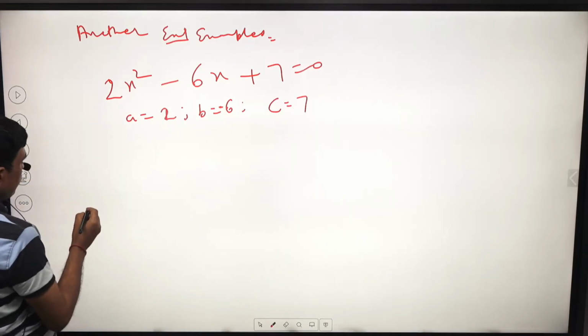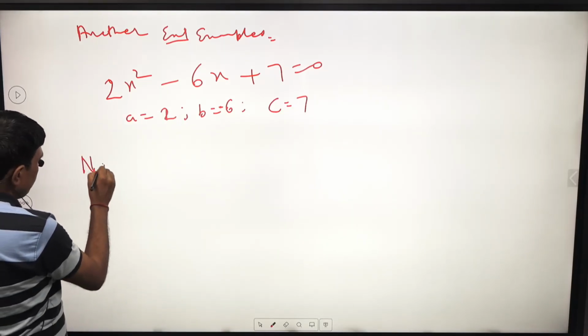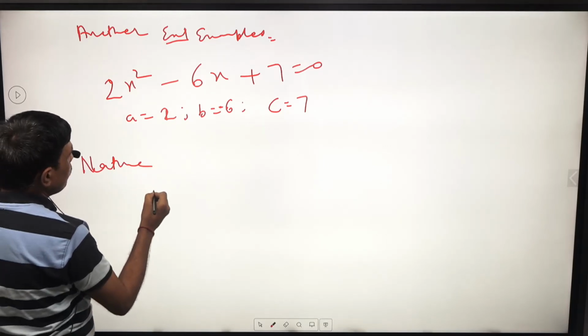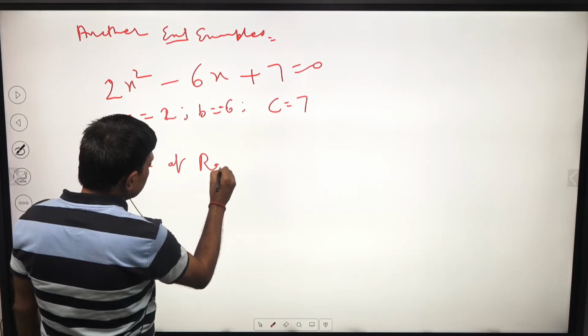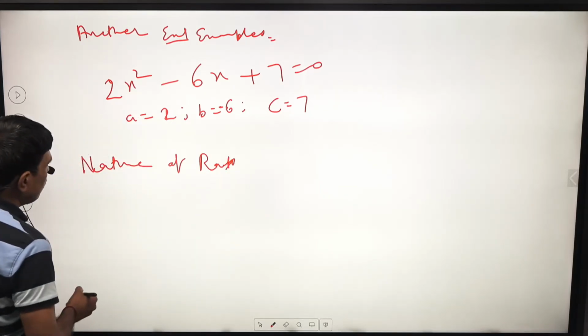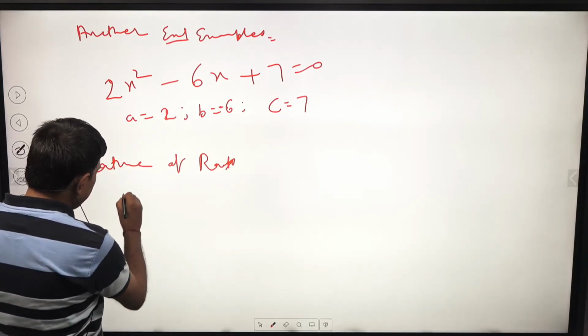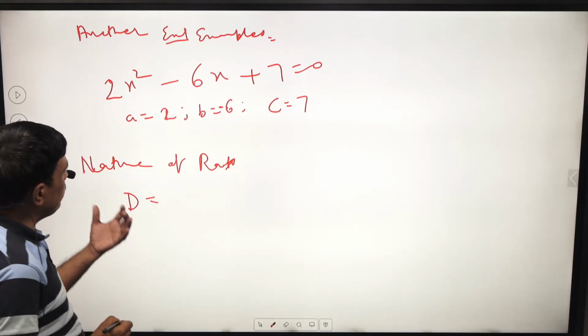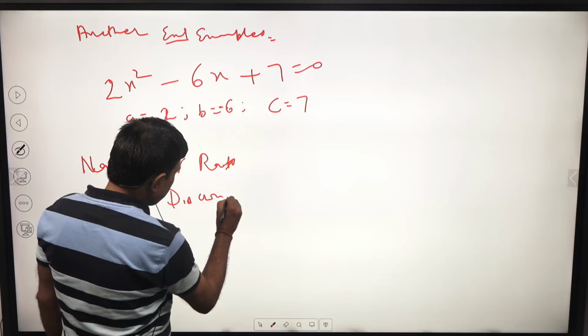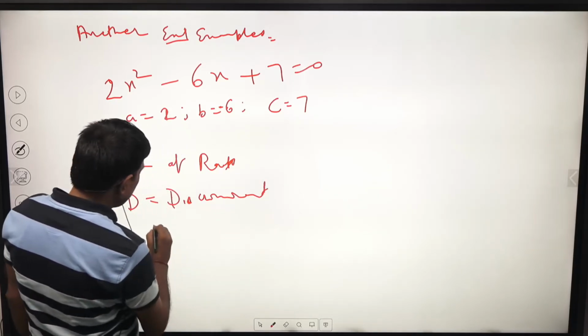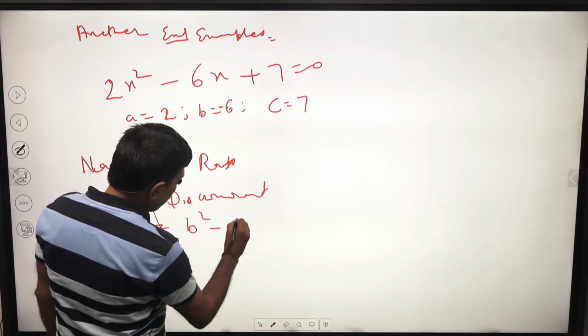So what is the discriminant of this? Nature of the above equation, nature of roots बताइए क्या किस टाइप का होगा? So here d, that is found as the discriminant. So d is b square minus 4ac.